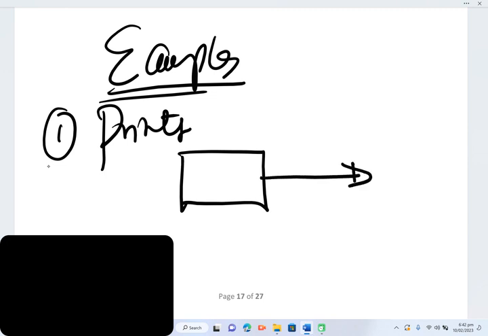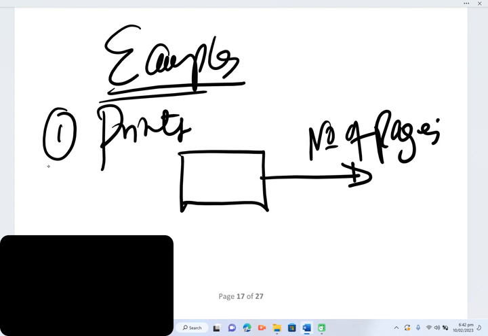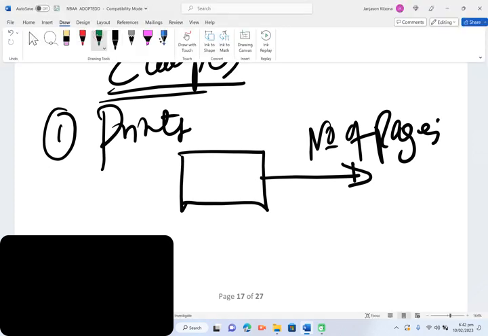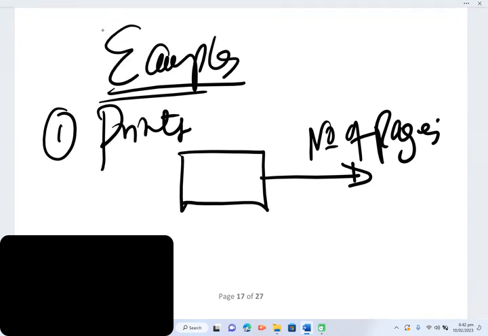Pages. Number of pages as output from the printer. Sasa wanasema unaingiza nini? Wino. Utaingiza karatasi. Output number of pages.